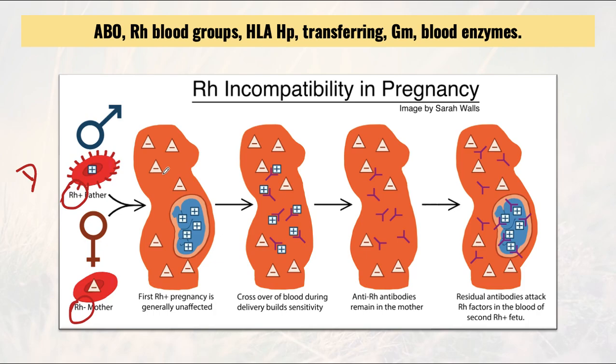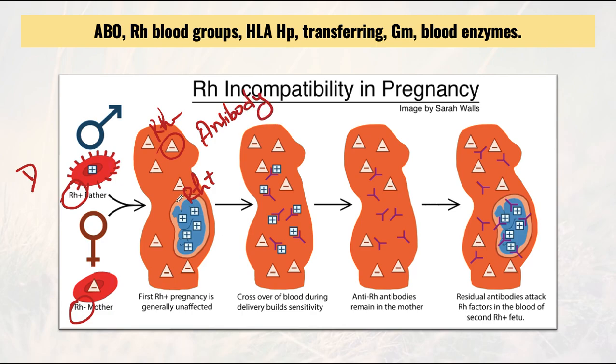So now this mother who's having RH negative, which is already denoted, and the child is having RH positive. Now this child is the first pregnancy of this lady. So what will happen is that during the delivery, when there is an intermixing of the blood, this RH negative blood group will recognize this positive as some alien or an outsider, and because of which this RH negative will produce the antibody, right?